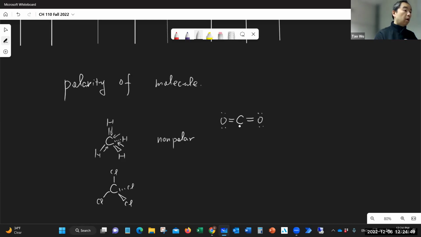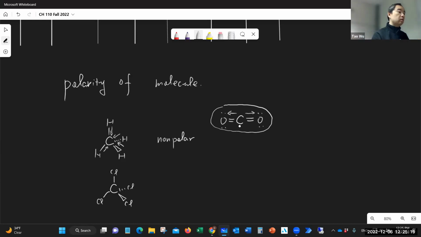So although oxygen is pulling the electron this way, this oxygen is pulling the electron this way, overall, there's no net pull. If you consider this as a whole molecule, this end and this end are not going to have any charge because those forces push and cancel each other.